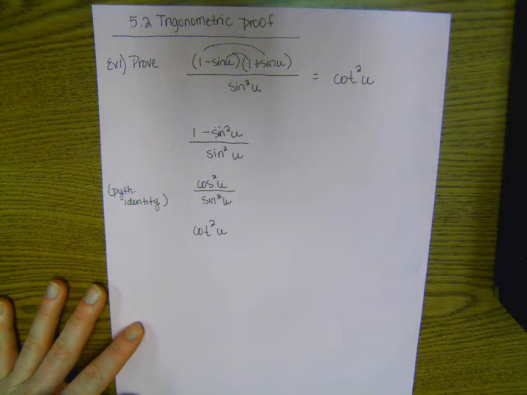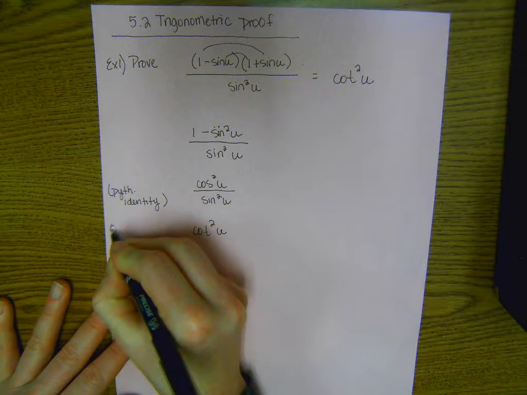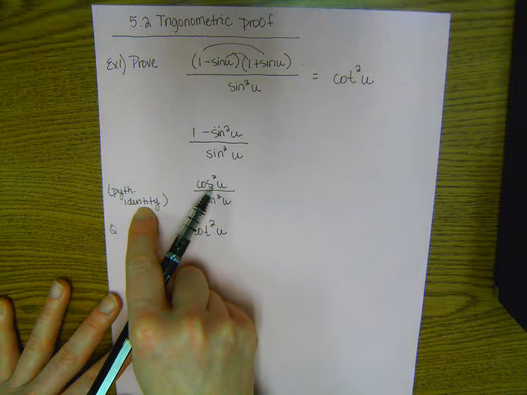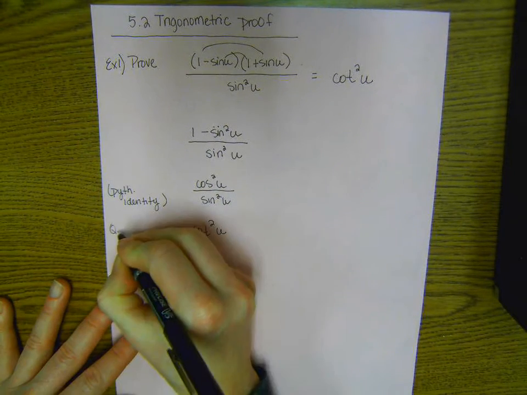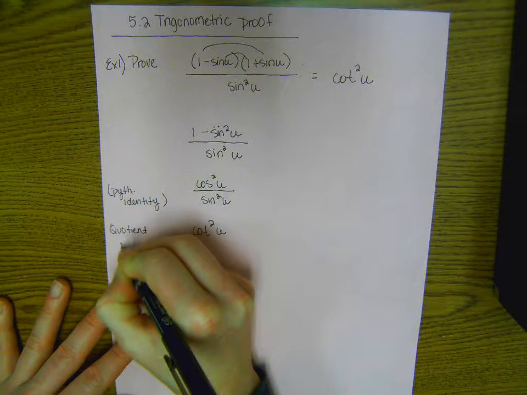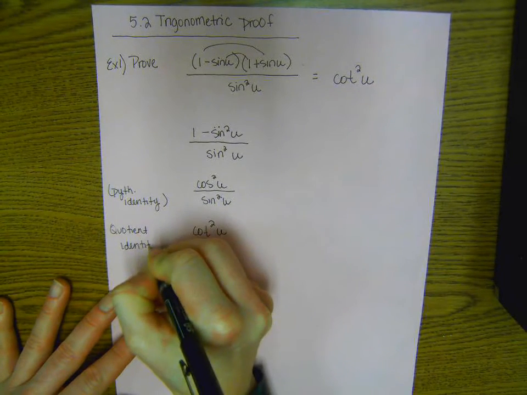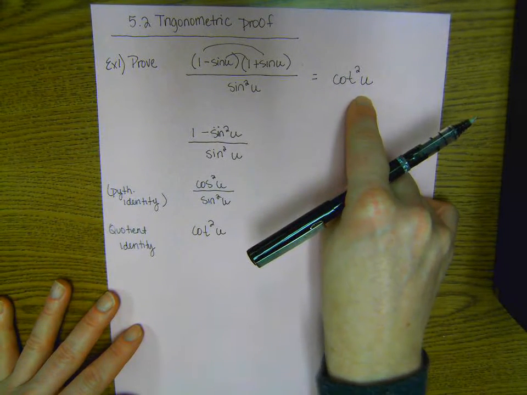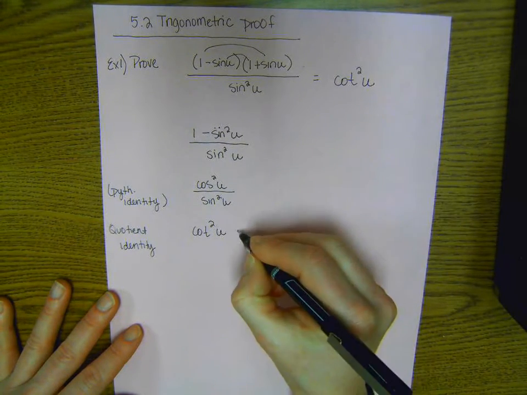What tells us that on our trig property sheet? Yeah. And the only ones you have to memorize are the Pythagorean. Use your trig property sheet, so have that out. So this is a quotient identity. All right. So then do you see that I have this? Yeah. Okay.